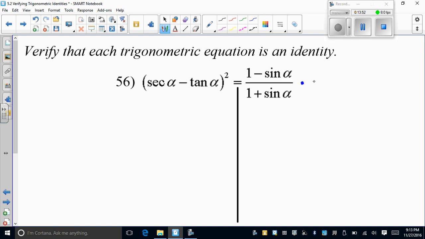So this is plus, so it's going to be 1 minus sine of x, 1 minus sine of x. Okay, so you're going to FOIL this out. 1 times 1 is 1. Negative sine of x, negative sine of x. 2 negatives make it positive, plus sine squared.